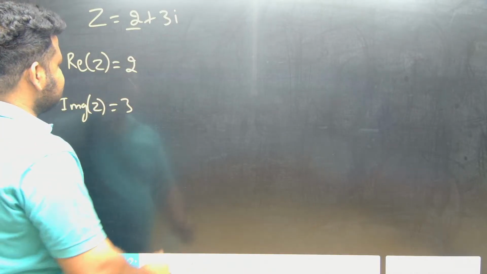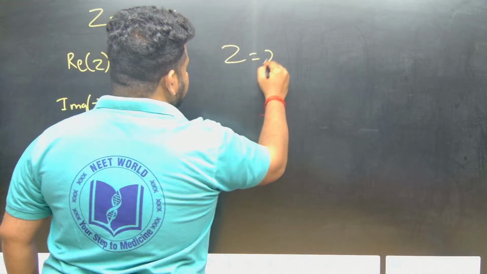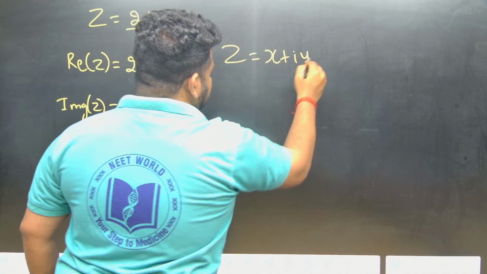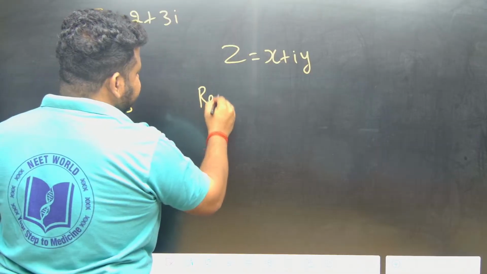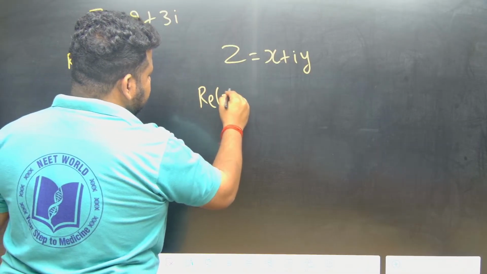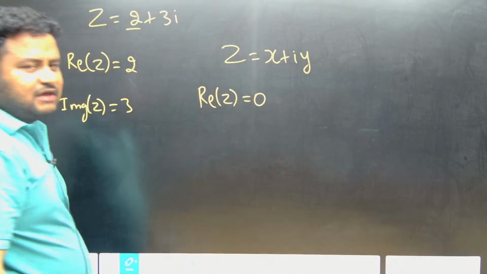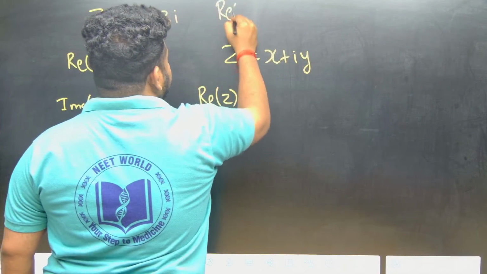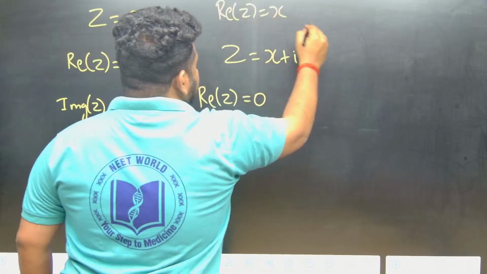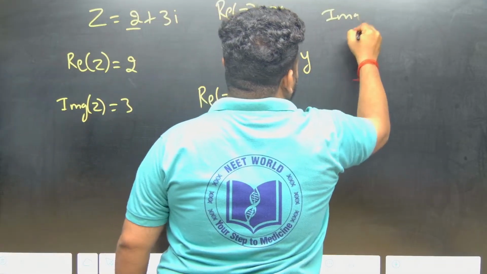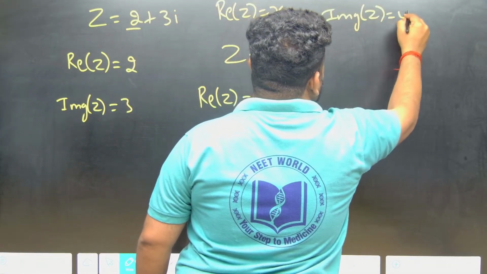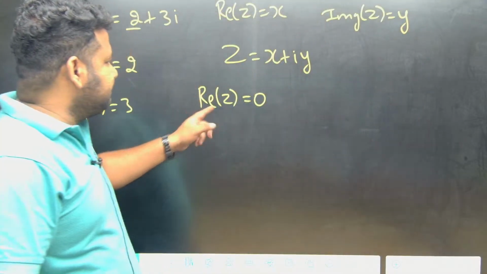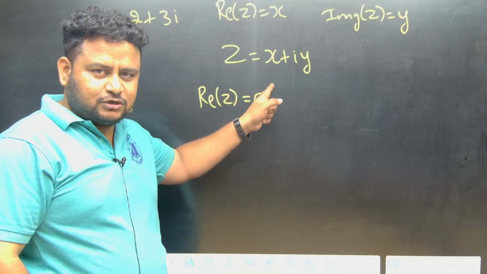Now suppose some z is equal to x plus iy is given. Real of z is nothing but x, and imaginary part of z is nothing but y. If I say real of z is equal to 0, that means x is equal to 0.